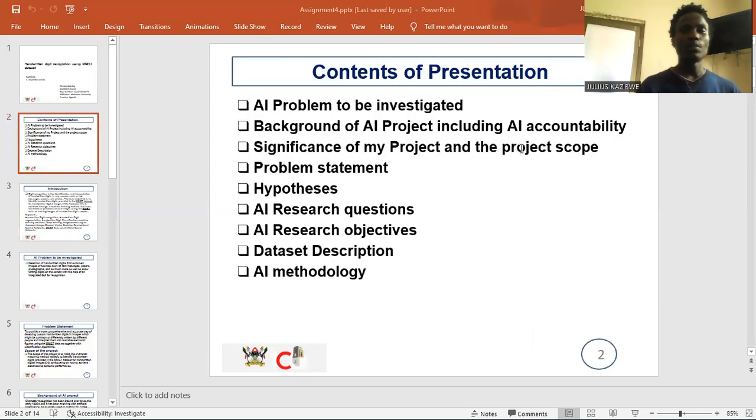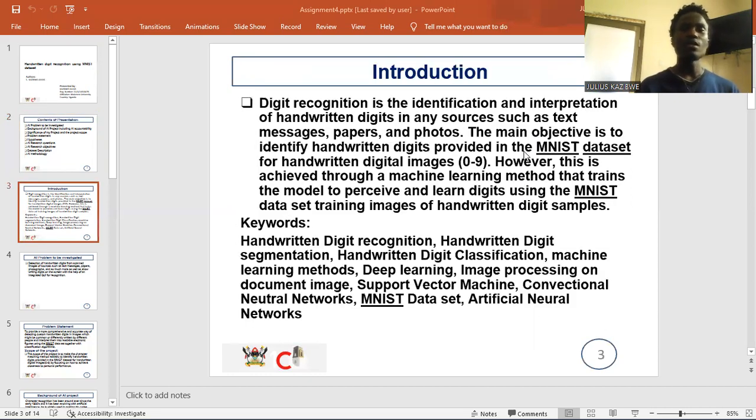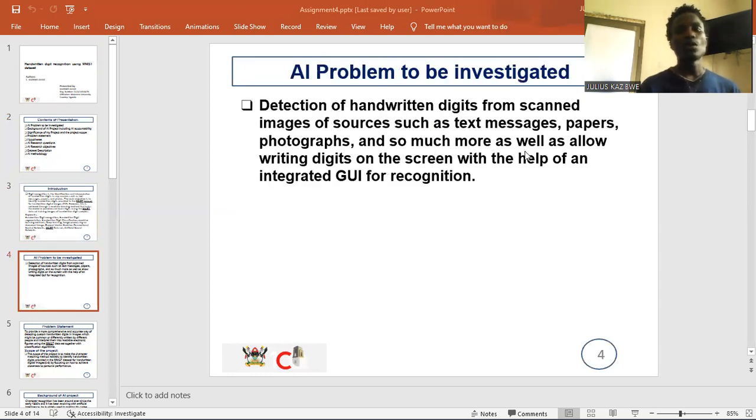The problem that we're going to be discussing and investigating in this project is basically the same as what I've been looking at. It's digit recognition, and we want to come up with a system that detects handwritten digits from scanned images of text messages, papers, photographs, from any source, as long as it is handwritten. We want to solve the problem of people having bad handwriting.